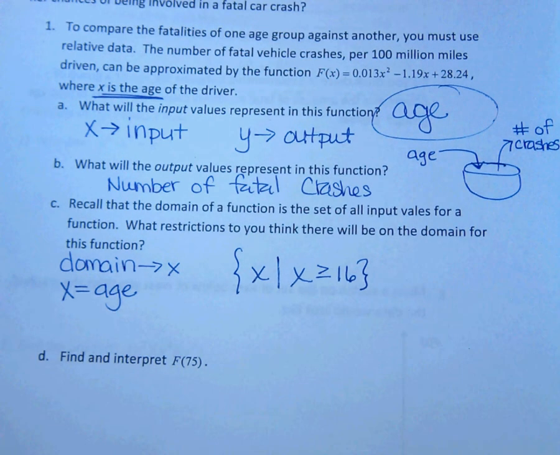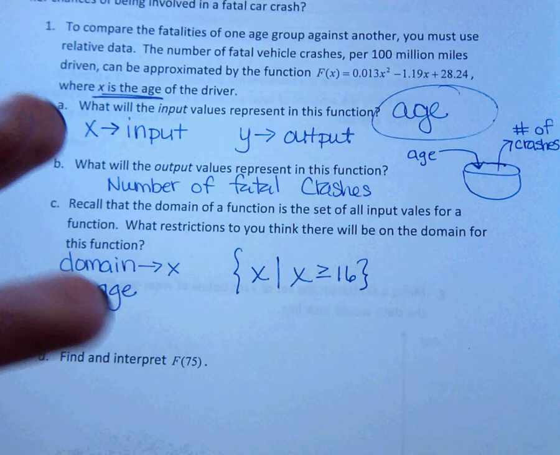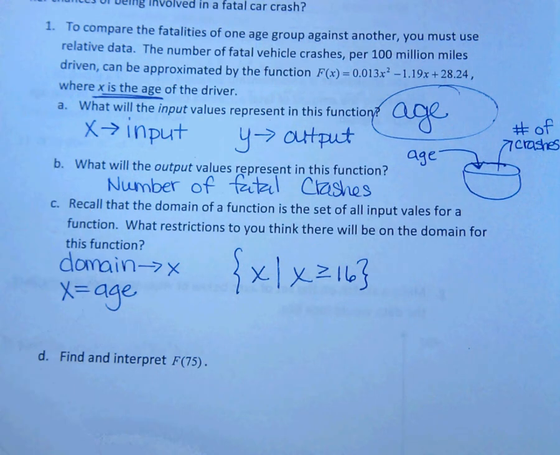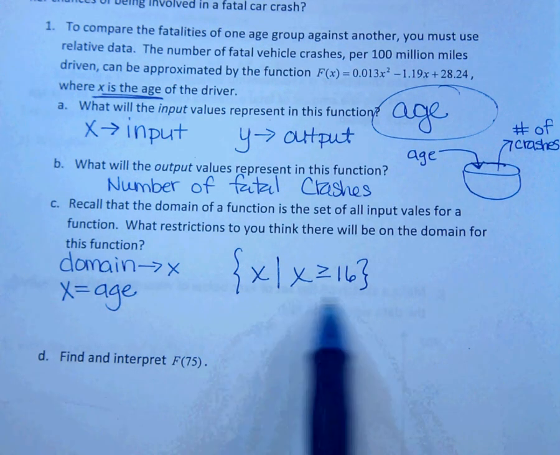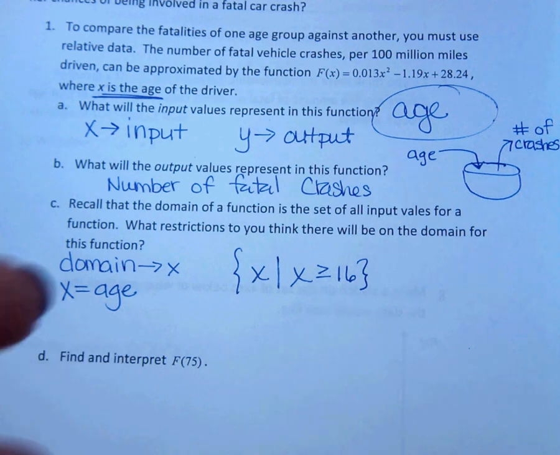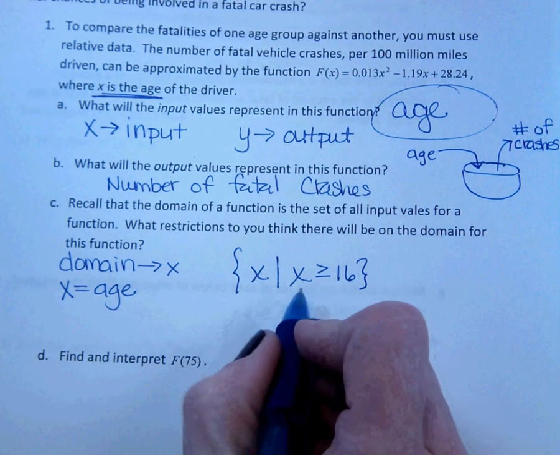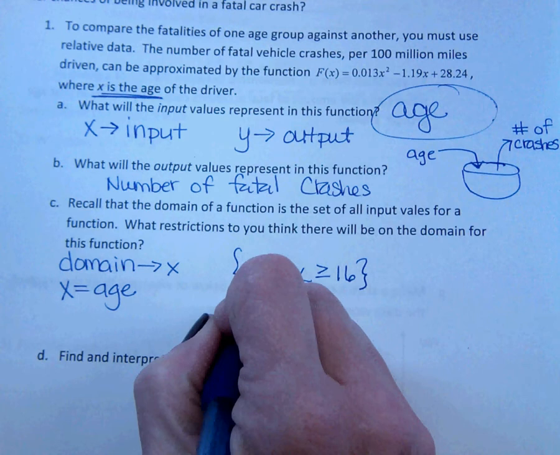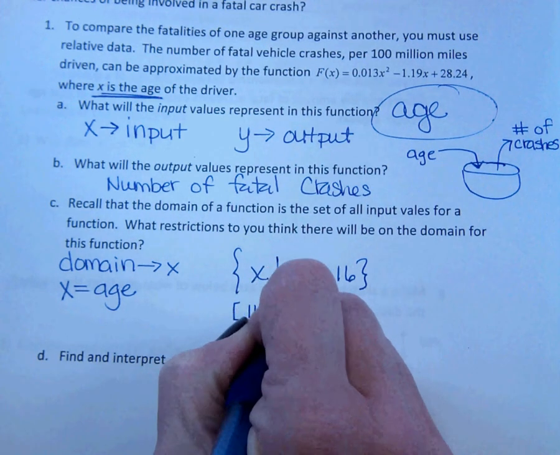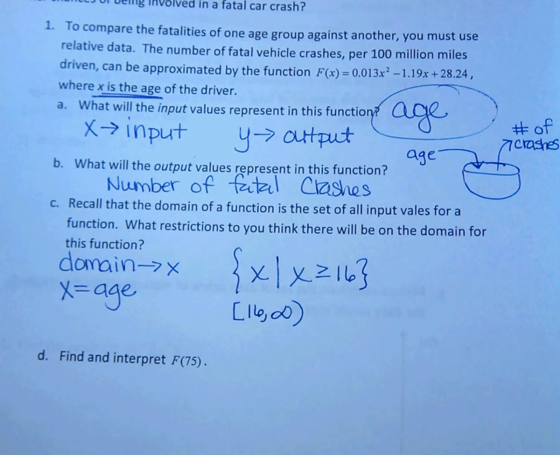Does it go all the way to positive infinity? No. There's probably a reasonable number, maybe 80 years old, 85, 90 years old. But we can't really exactly say how old the oldest person is who drives. So we'll just say this in general to give it a good idea of what our domain is. We can say greater than or equal to 16, or we can do it in interval notation, noting that we know somebody can't be infinity years old. We're just giving it an estimate.